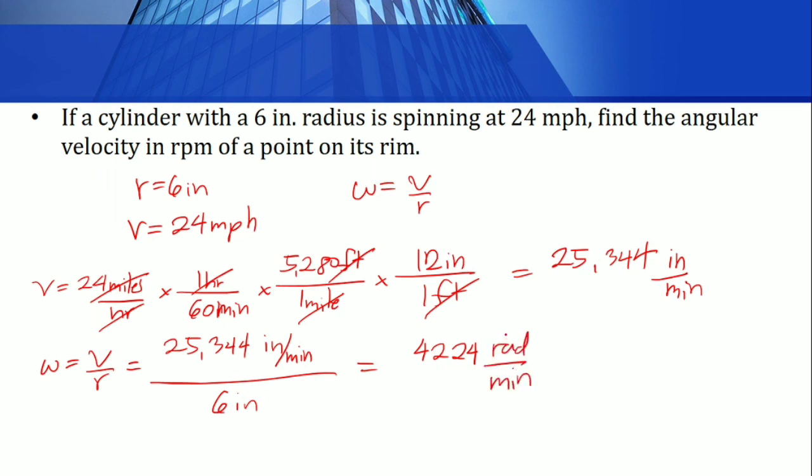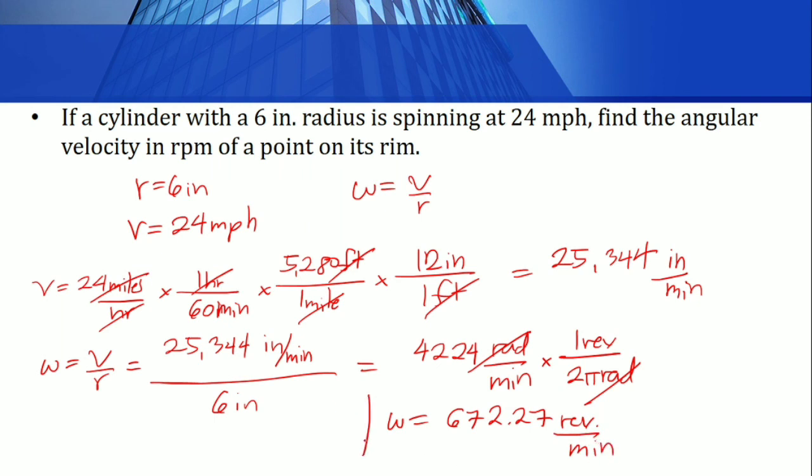So, convert natin ulit sa revolutions per minute. So, multiply natin ng 1 revolution is equivalent to 2 pi radians. Cancel yung radians. So, angular velocity will be equivalent to 672.27 revolution per minute. So, this will be our final answer.